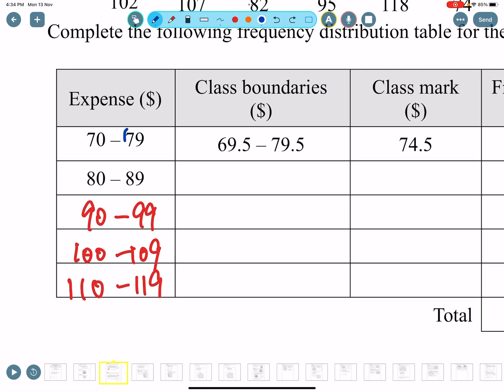Basically, if it's an integer, it's usually being connected by 0.5. So 69.5 to 79.5. Now this 79.5 has to connect with the next class boundary, which is the lower class boundary. So 79.5 to 89.5. So you can see they are actually connected.